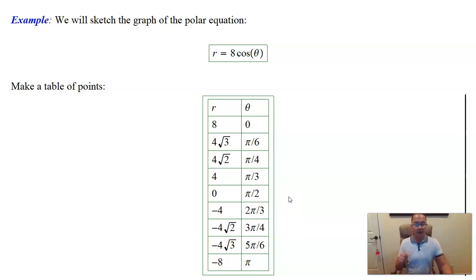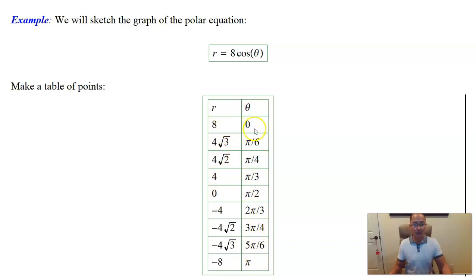I forgot to mention that usually when we plot points, our input is on the left and our output is on the right. But our points in polar coordinates are given as r comma theta, so the input is theta and the output is r. It's a little bit awkward, so hopefully it's not confusing that we're putting the input on the right and the output on the left.